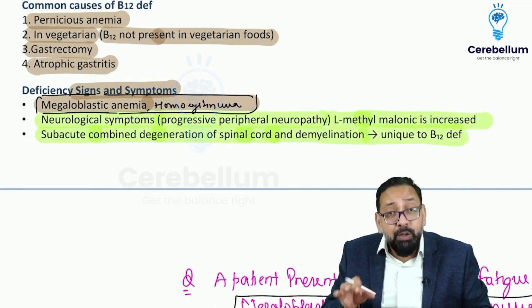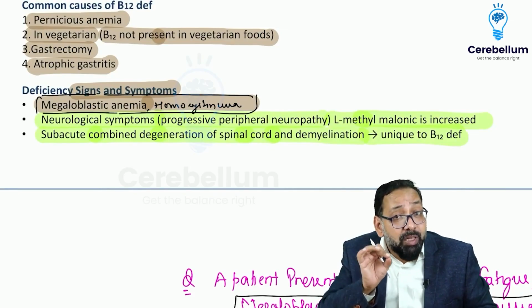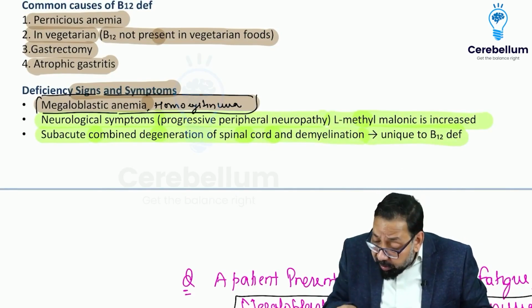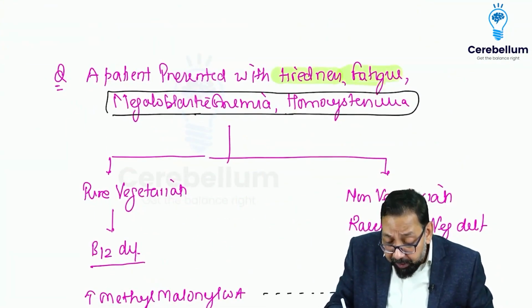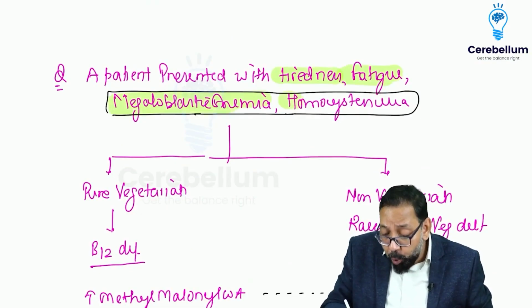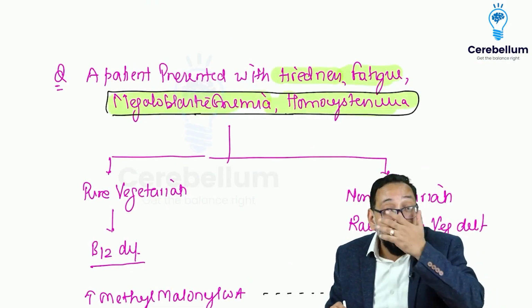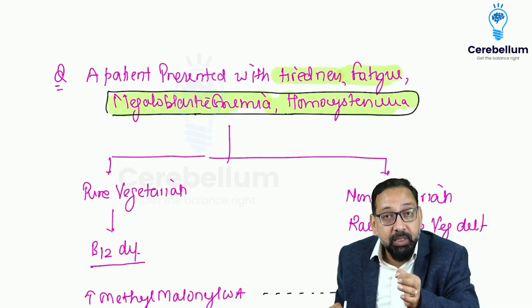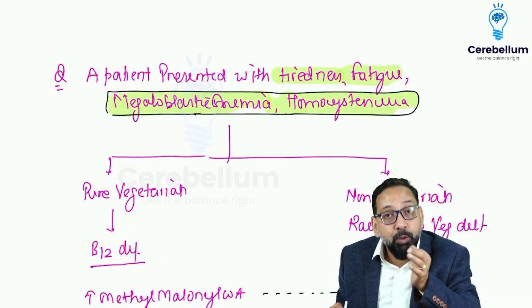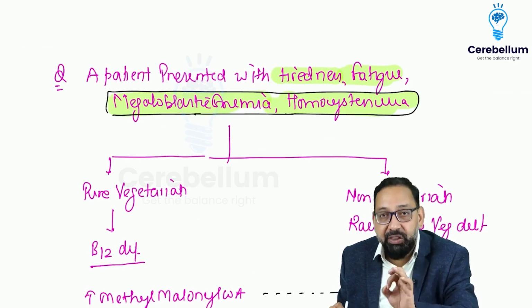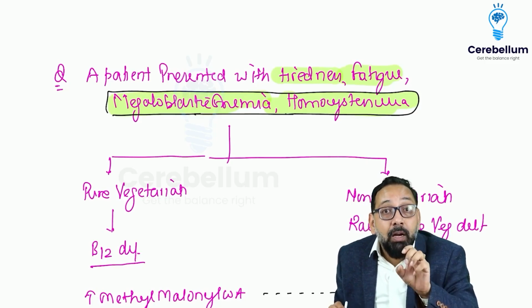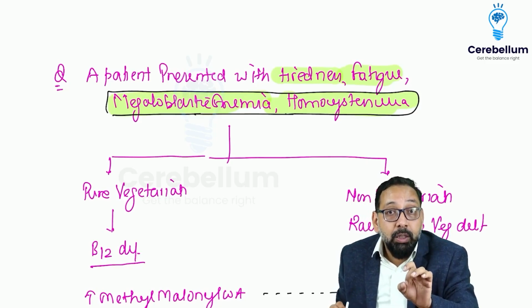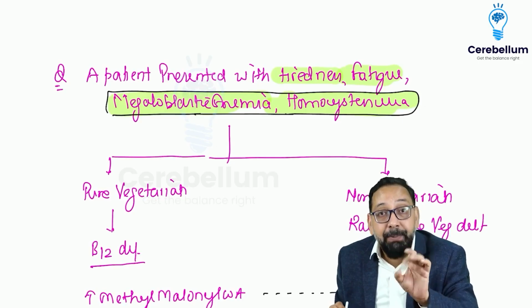Why do I say this symptom is unique to B12 deficiency? Because a clinical scenario may present a patient with tiredness, fatigue, megaloblastic anemia, and homocystinuria. Homocystinuria and megaloblastic anemia are present in both B12 deficiency and B9, folic acid, deficiency. So sometimes they will ask a question on the basis of dietary pattern.